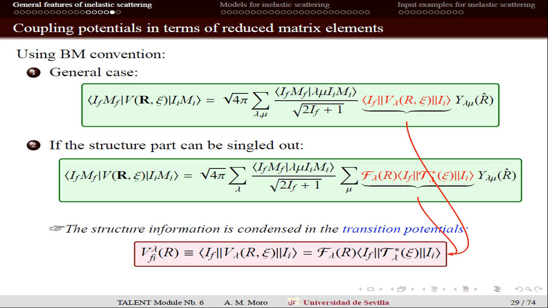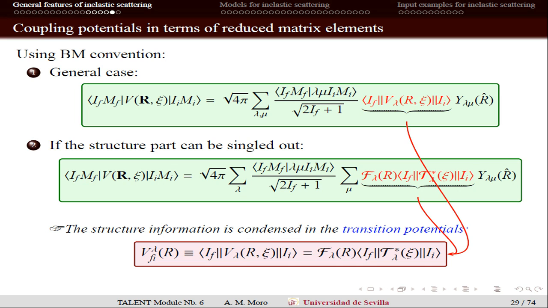Why? I could just remove this sum here. Can anyone tell me why? Yeah. The projections must sum up to the total projection.